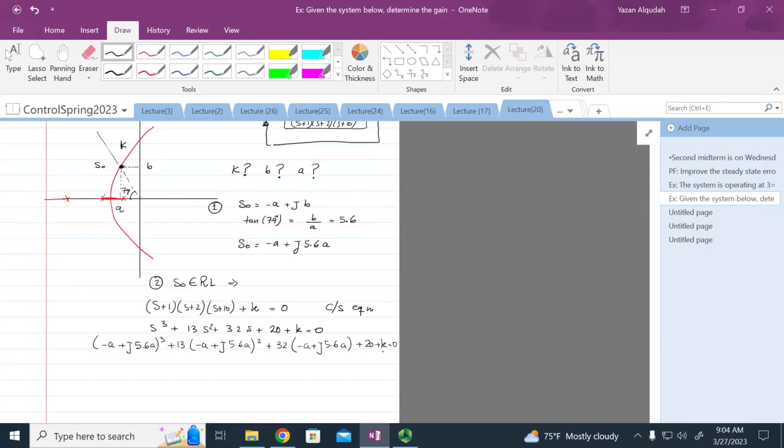How many equations does this equation give me? How many unknowns does this equation have? 2 unknowns, K and A. And how many equations does it give me? 2. How does it give me 2 equations?